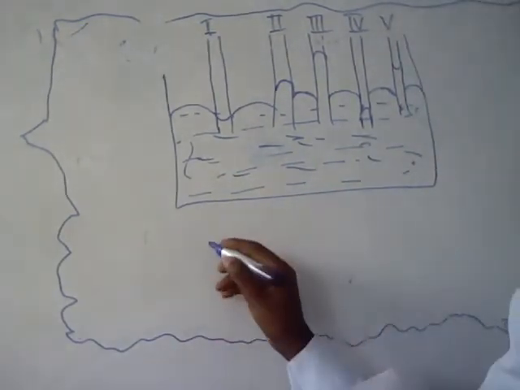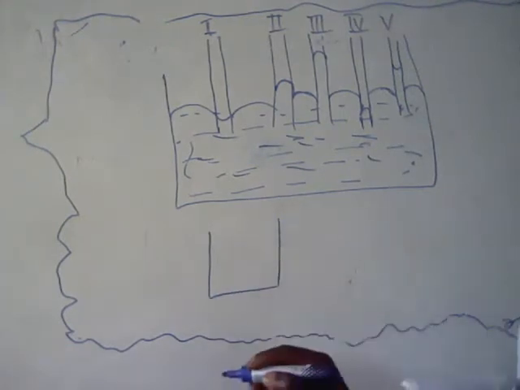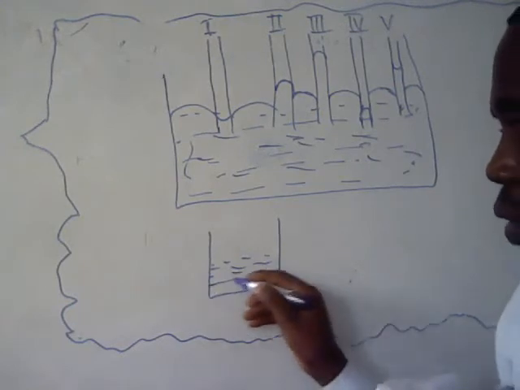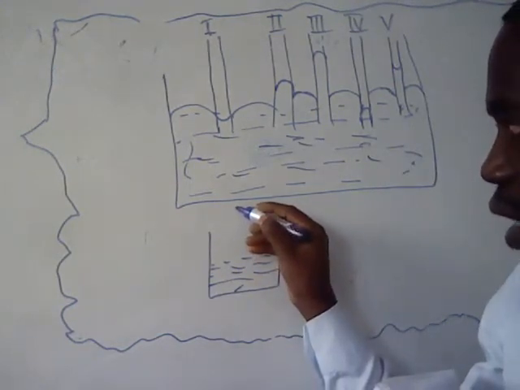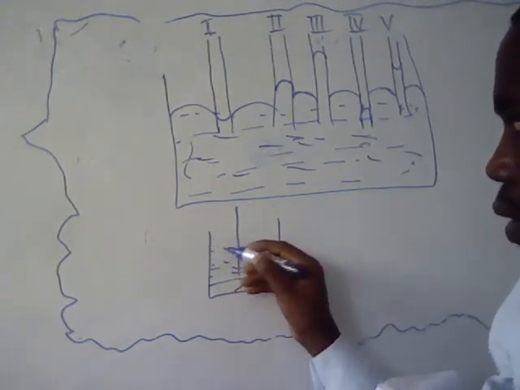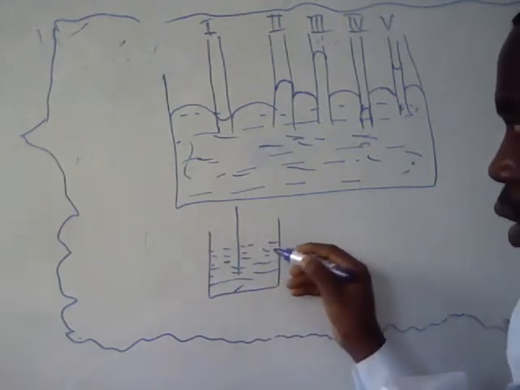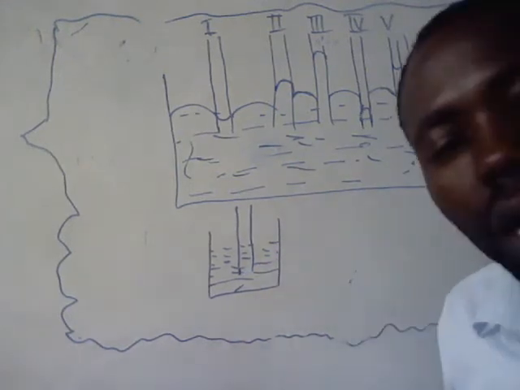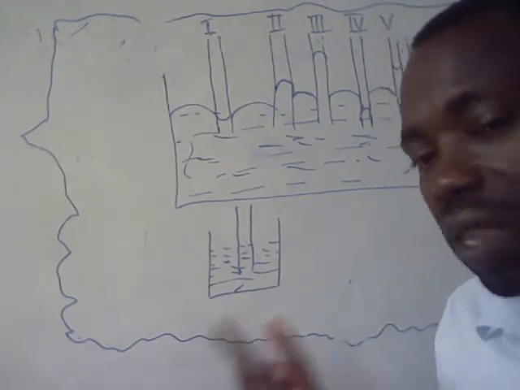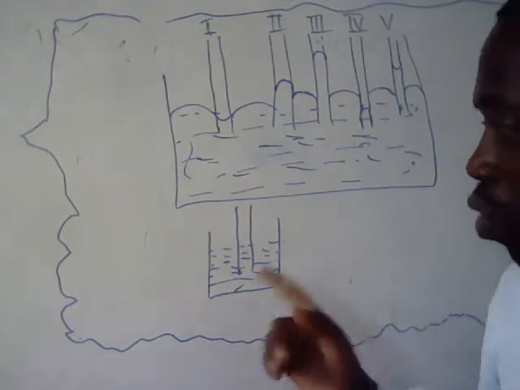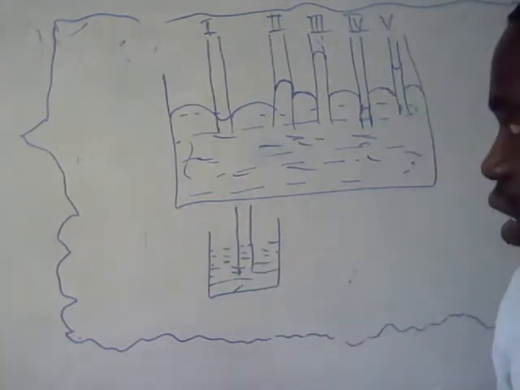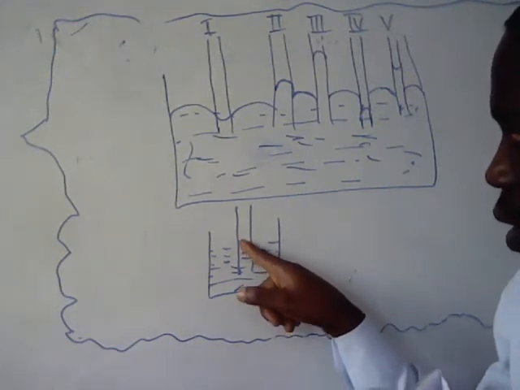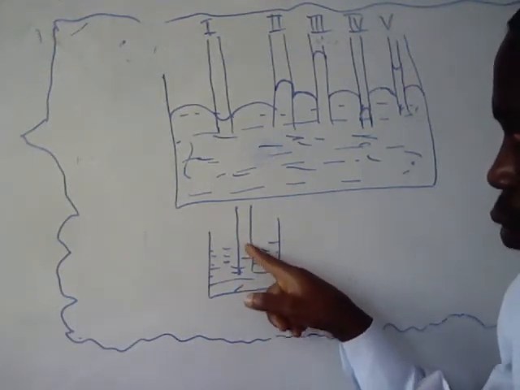So if this is your beaker containing mercury, and you dip a tube inside it, let me increase the level of mercury. So I dip a test tube inside it. What we see is this: you find that the level of mercury inside this tube will go down.